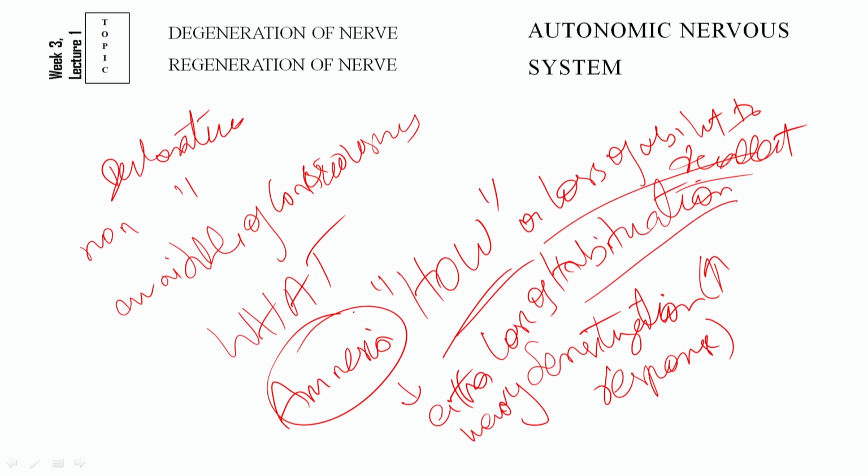Anterograde, we have already seen with the anterograde degenerative changes; it is the same type. Retrograde means going back, forgetting the memories of the past.